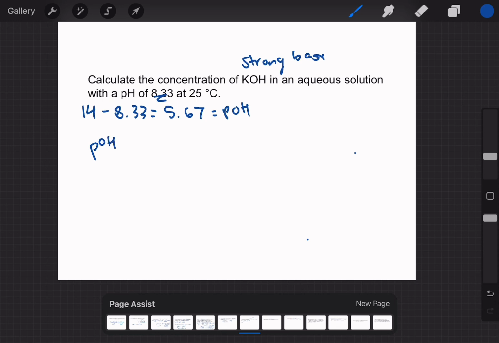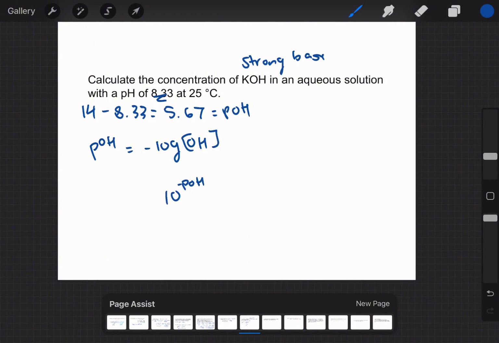From there, you're going to do pOH equals negative log of OH. But also, we're trying to look for our concentration, so we're looking for OH. In order to do that, OH basically equals 10 to the power of negative pOH.